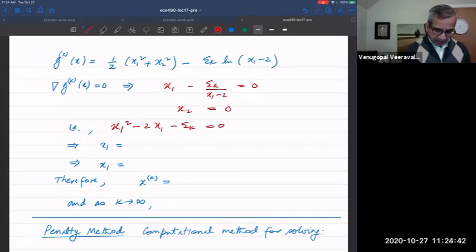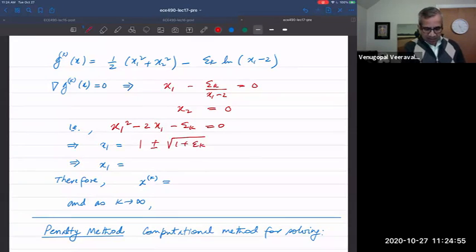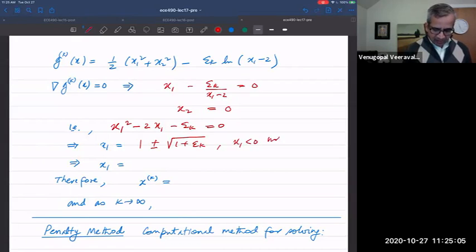If you solve this quadratic, something you did in high school, you get a solution with plus or minus, but the minus root is not feasible, so we can get rid of that, and we just get 1 plus.